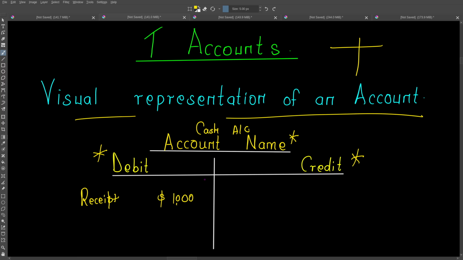When you pay, that is when cash is moving out of the business, for example, let's say we paid rent, that is going to be on the credit side, okay? So basically, this cash account representation is going to show us the debits that happened to that account during a certain period and the credits that happened on that same account, okay?